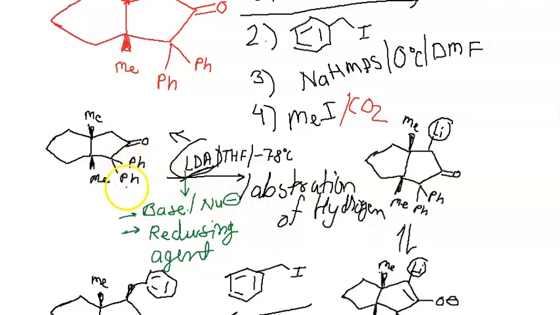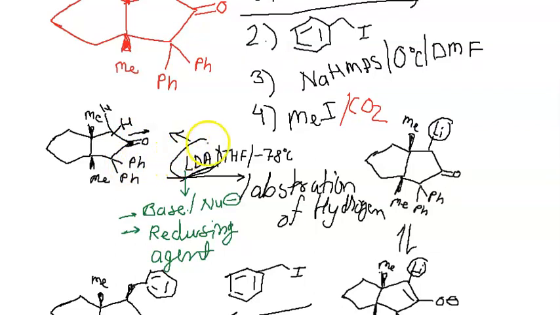In this compound there are two hydrogens, one here and one here. Both hydrogens are more acidic because of this carbonyl group, which is electron withdrawing in nature and generates an enolate.